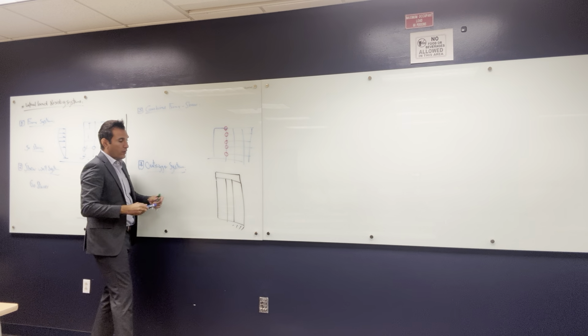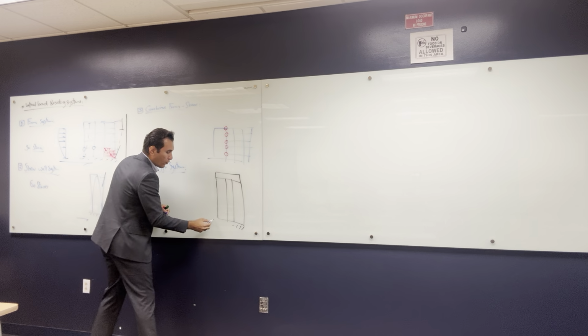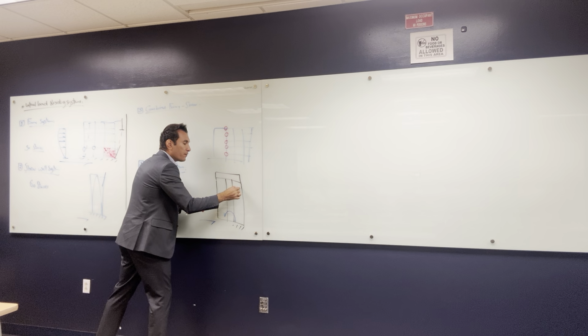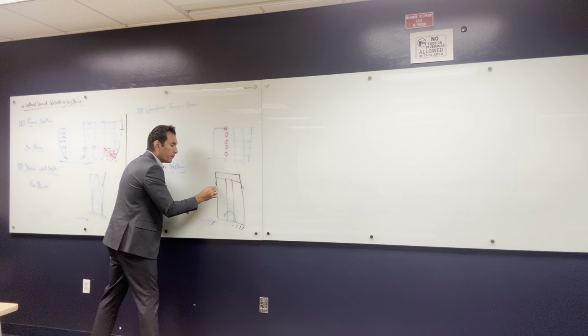And when an earthquake or a lateral load hits, what is gonna happen? This shear wall is gonna resist this lateral load, and there will be an extra moment coming from this column and this column.